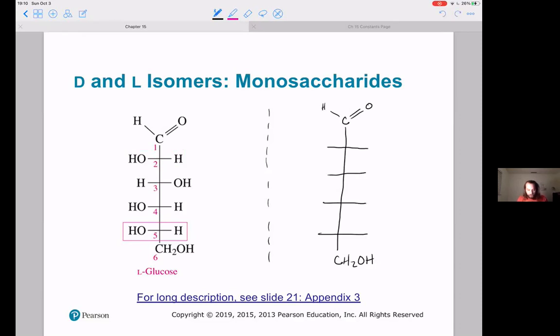So for L-glucose, the OH group on carbon 2 is on the left. That means the OH group on carbon 2 needs to be on the right. All right, so you're just swapping for each one of these carbons going down. And so this would be D-glucose. Okay.